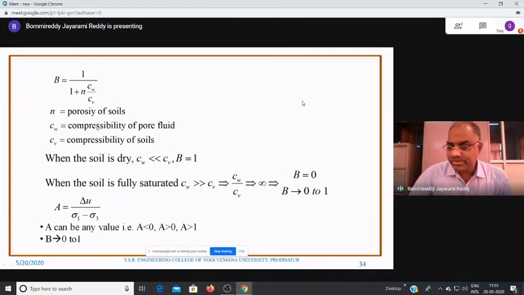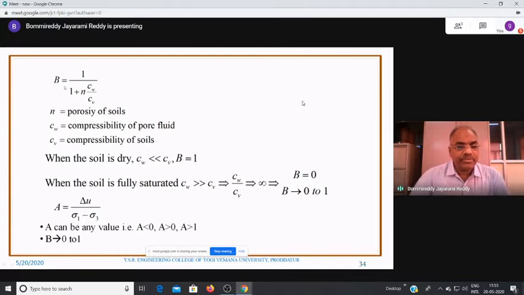And here B is going to vary with several parameters: 1 by 1 plus n into Cw by Cv. So here Cw and Cv are the coefficients of compressibility. Cw is the compressibility of pore fluid, Cv means compressibility of the soil, and n is the porosity of the soil.